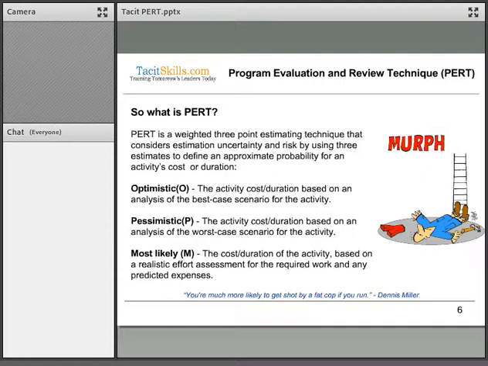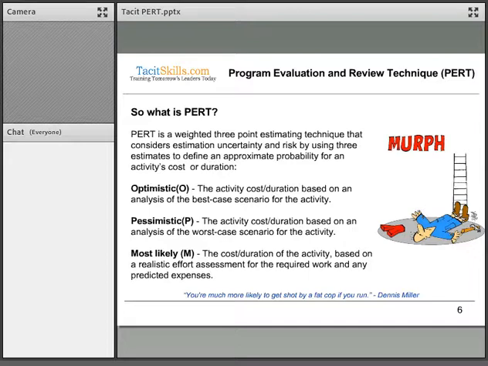It takes 3. First, the optimistic, our best case scenario: what's our optimistic cost or duration estimate? It also looks at our most pessimistic, the worst case scenario: what would our cost or duration be in the worst case? And then we also need to take into consideration our most likely one.